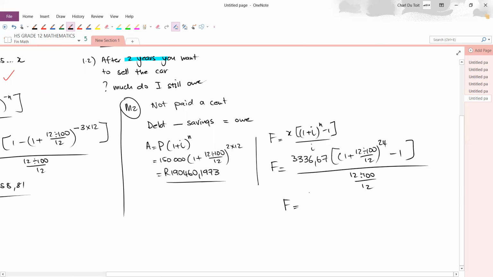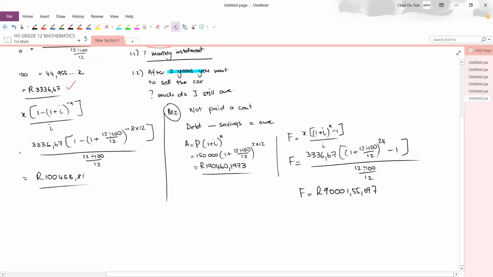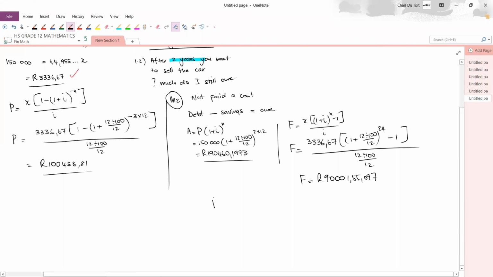So I've saved 90,000 Rand and 1 Rand 55,097. And then you just subtract those from one another. So we're going to take the 190,460.1973, and I'm going to subtract the 90,001 Rand.